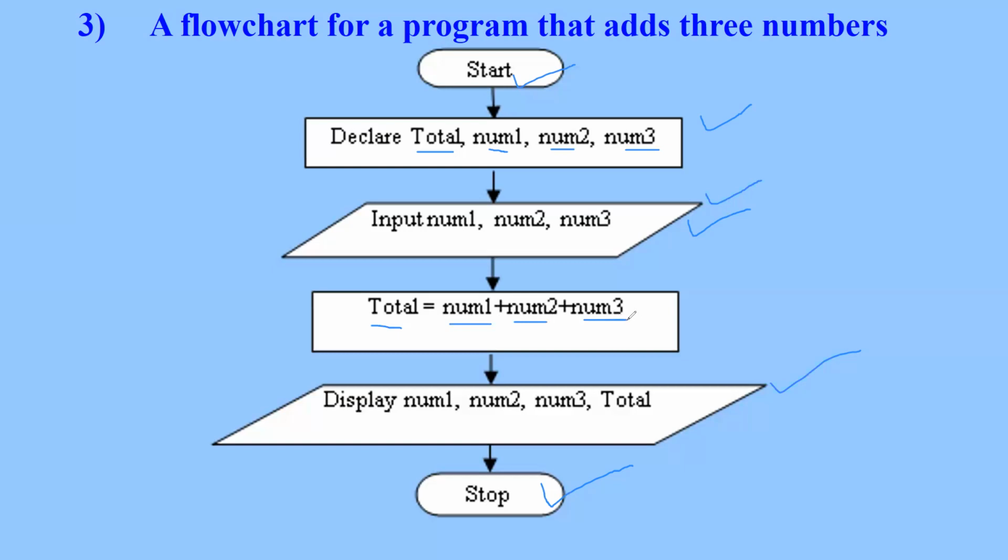The sum of the contents of num1, num2, and num3 will be stored in the memory location we set aside called total. Finally, we display the numbers, first number, second number, and third number, followed by the total. And with that, we come to the end of the program. So this is a flowchart for that purpose.